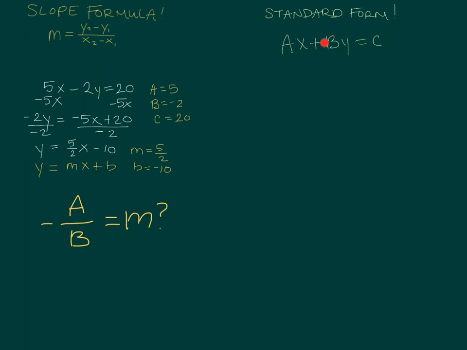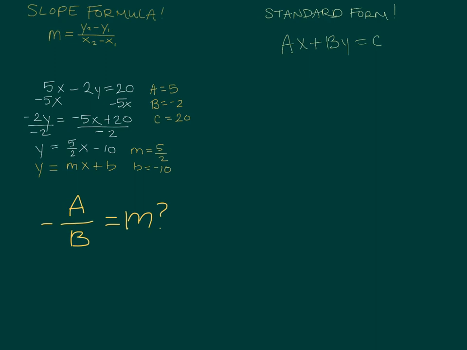Let's use this standard form to see if we can derive this shortcut here. Okay, so I'm going to rearrange this, solve for y, and see if I can see what the slope is. Given this, remember this slope-intercept equation, so I'm going to change this to look more like that. Okay, so let's see.